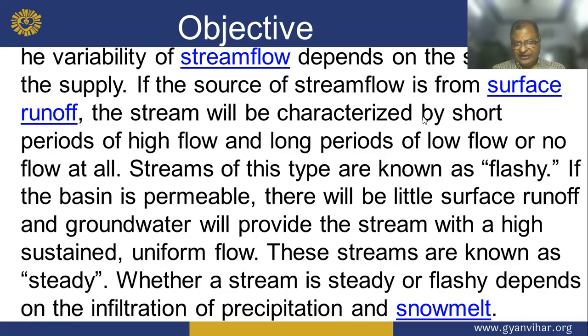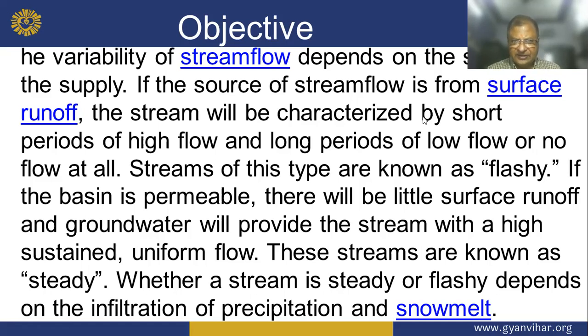The variability of stream flow depends on the source of the supply. If the source of stream flow is surface runoff, the stream will be characterized by short periods of high flow and long periods of low flow or no flow at all. Streams of this type are known as flashy.